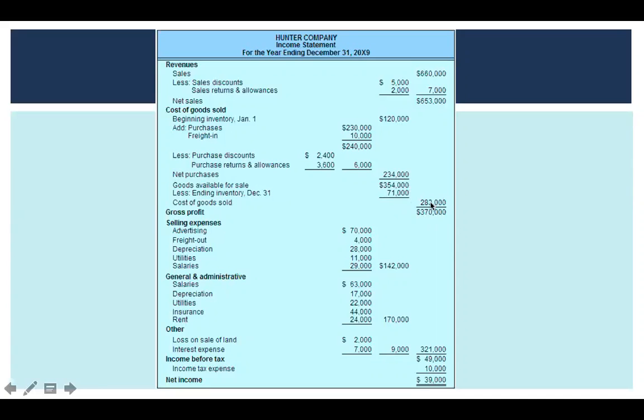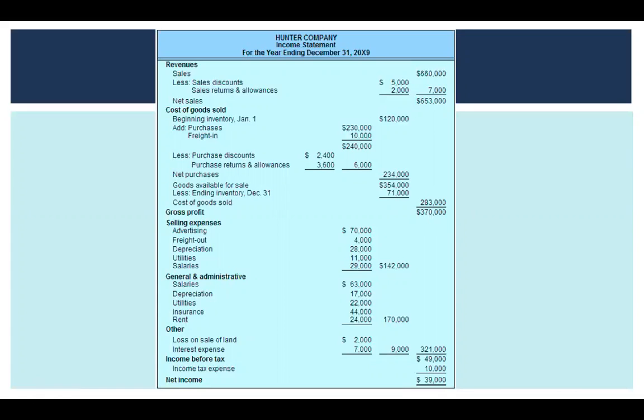So the difference is this $283,000, excuse me. So $283,000 was the cost of goods sold for that inventory, to make these net sales of $653,000, leaving them with the gross profit of $370,000.